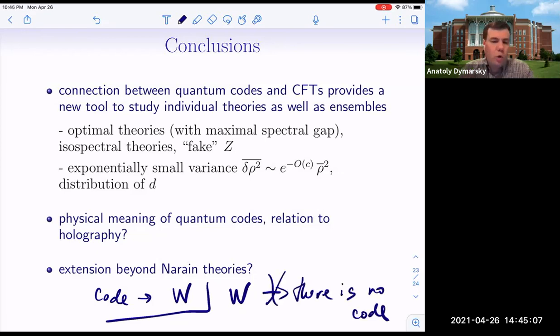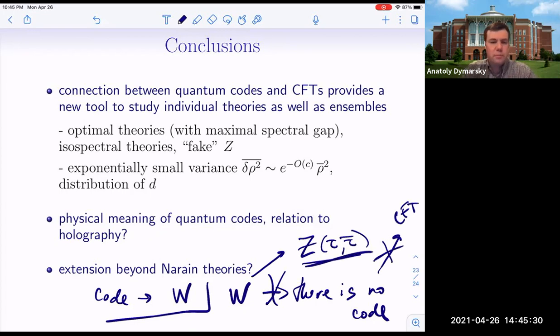Those W we call fake. And since there is no code, there is no obvious CFT you can put as a counterpart. This W you can use to produce Z, but there is no CFT. At least there is no natural CFT which you can be sure corresponds to the Z.